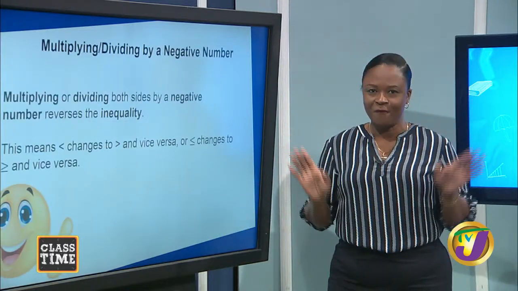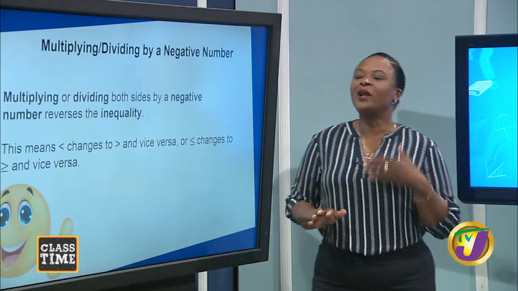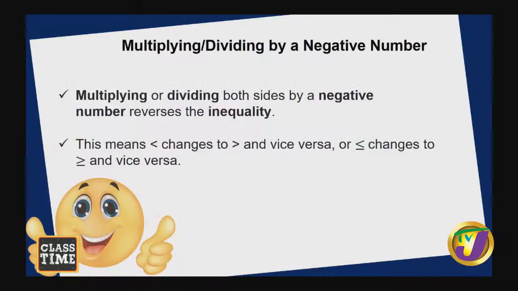Therefore, when we are multiplying or dividing by a negative number, we need to bear this in mind. When multiplying or dividing both sides by a negative number, it reverses the inequality sign.